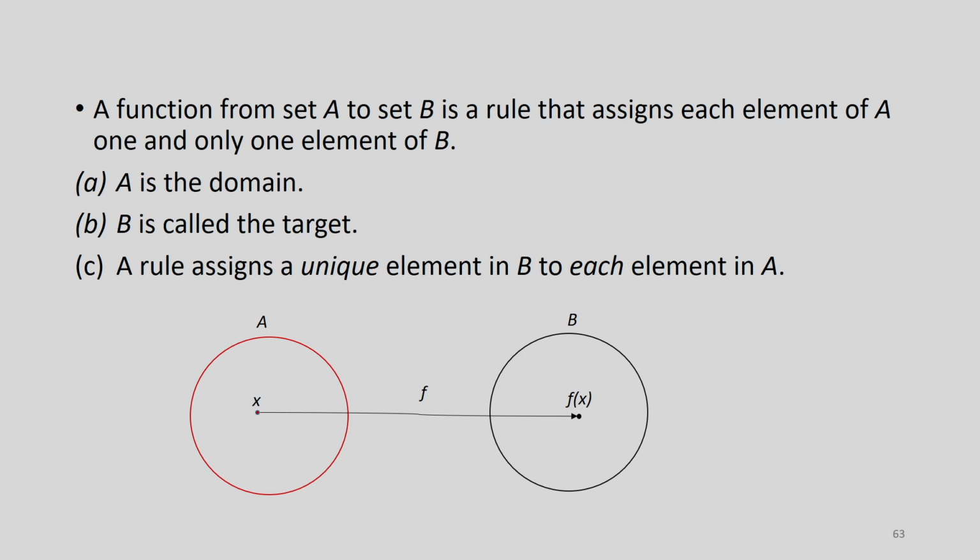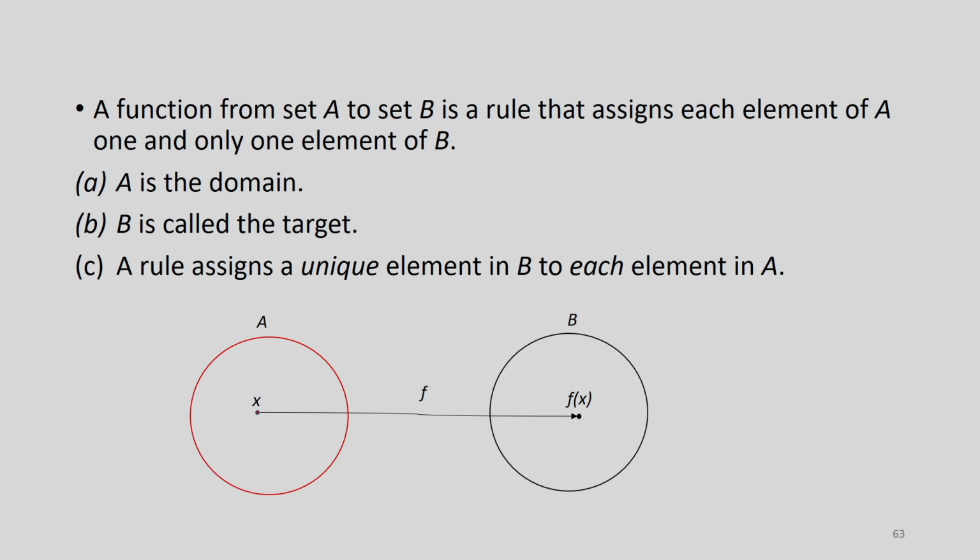A function from set A to set B is a rule that assigns each element of A one and only one element of B. So, you have two sets. These sets could consist of real numbers, they may not consist of real numbers. Sets could consist of general elements.